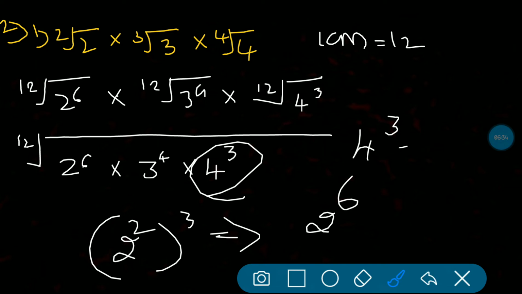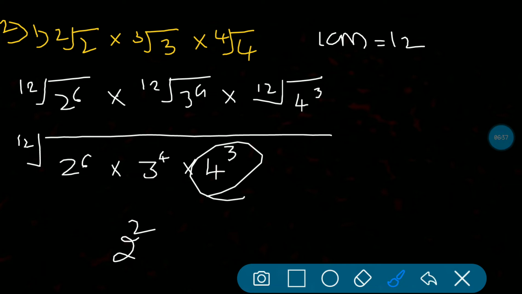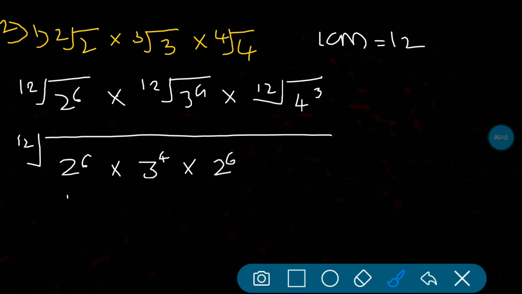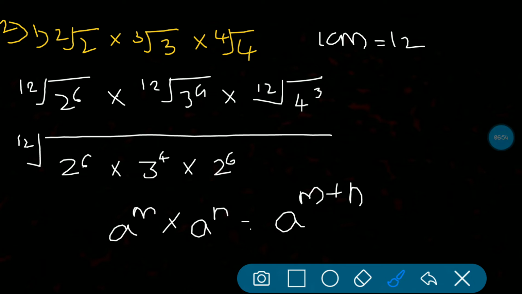Now we are going to put that here. That's why I am explaining that. So what we are going to substitute instead of 4 cube? 2 power 6. Fine. Now 2 power 6, 2 power 6, you can just add up, right? A power m multiplied by a power n is equal to a power m plus n.